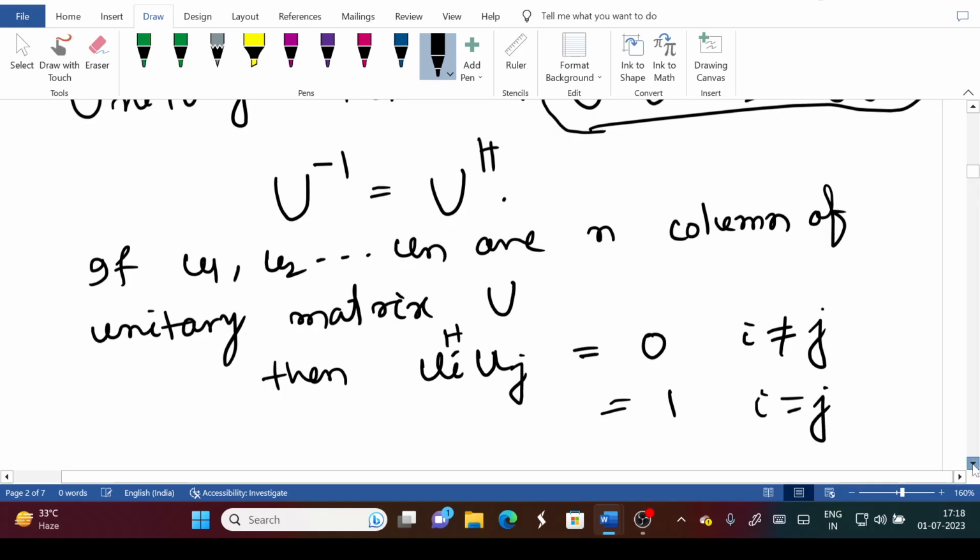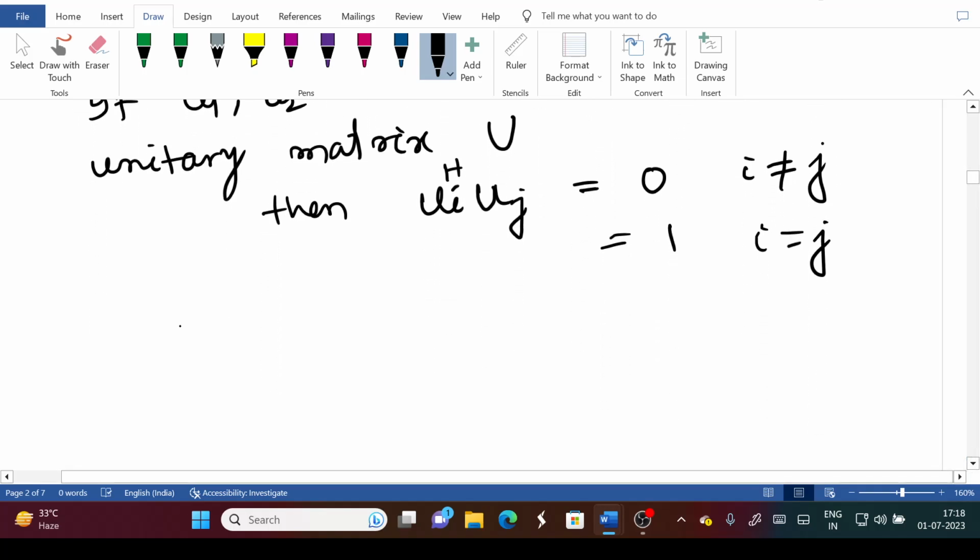That is, they form an orthonormal system of vectors. And a few more concepts. That is, it is length preserving. Length of Ux is equal to length of x.